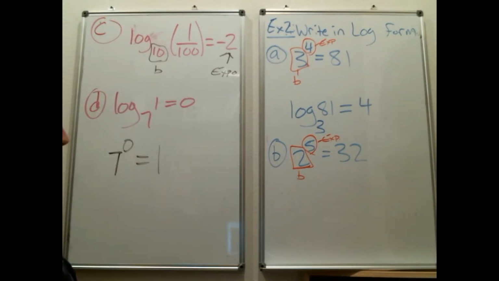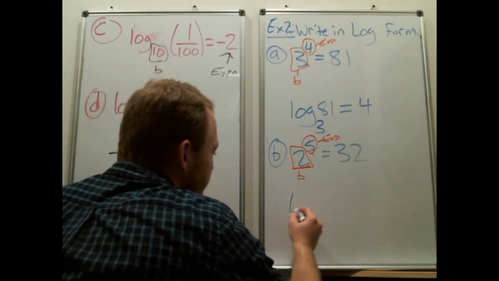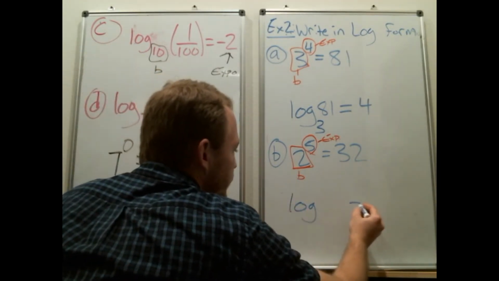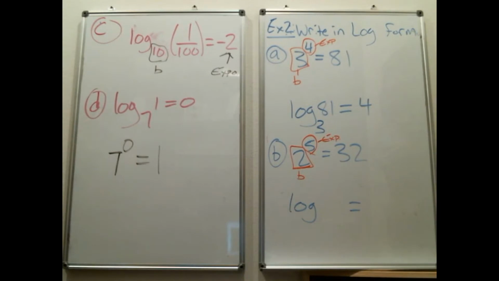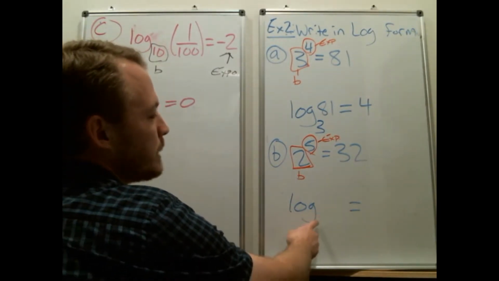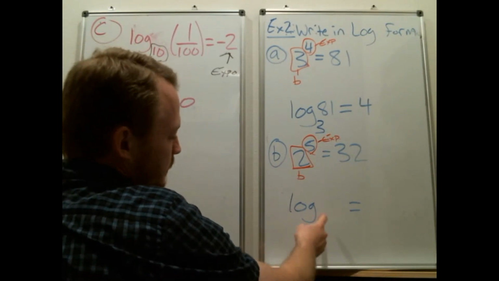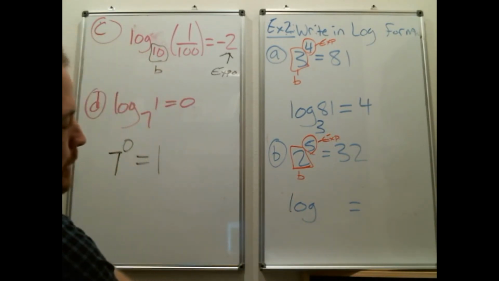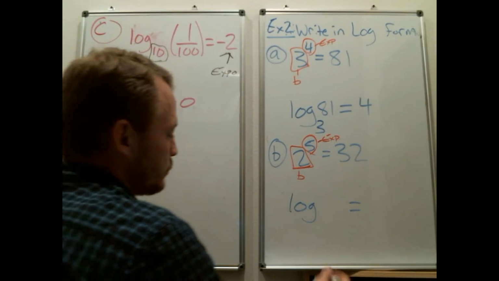Alright, so I'm in exponential form, and I know I'm going to logarithmic. So I know there's going to be a log in here, and I know there's going to be an equal sign. Alright, so log base b, that's always given. So the little subscript is always your base. So that's 2.